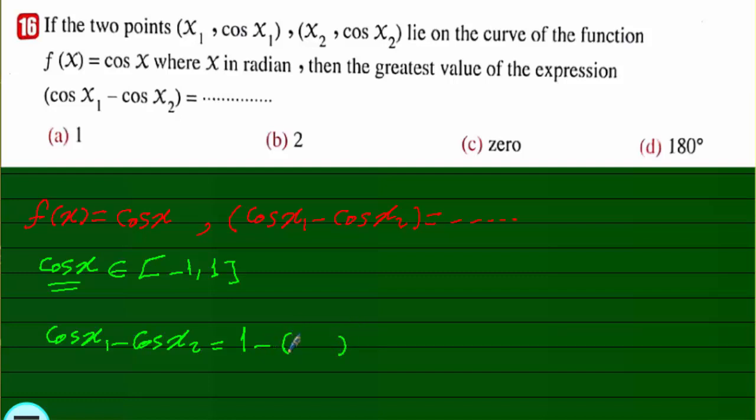To get the greatest value, put cosine x2 equals -1, and this equals 1 plus 1 equals 2. So the greatest value equals 2 here, and the answer will be letter B.